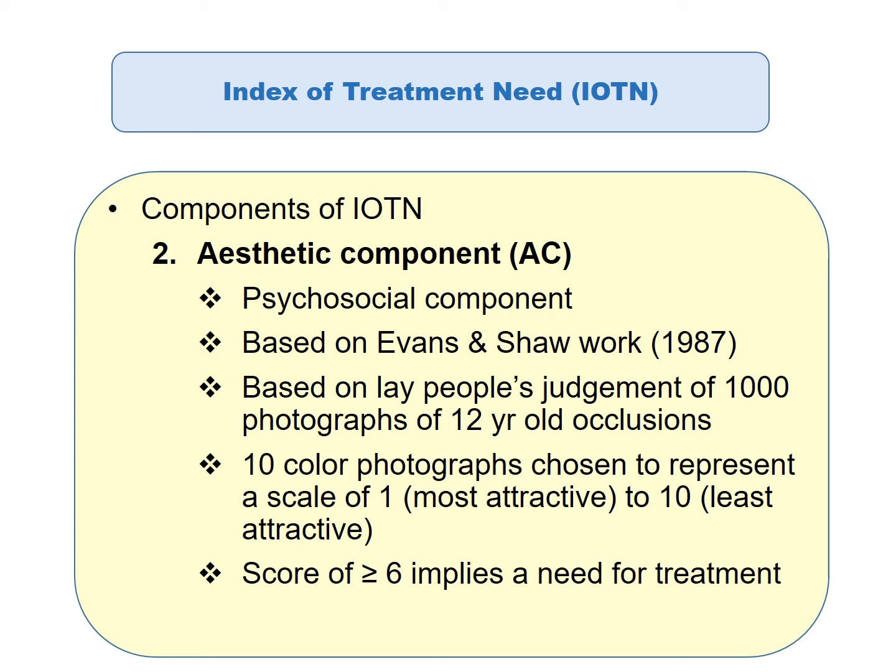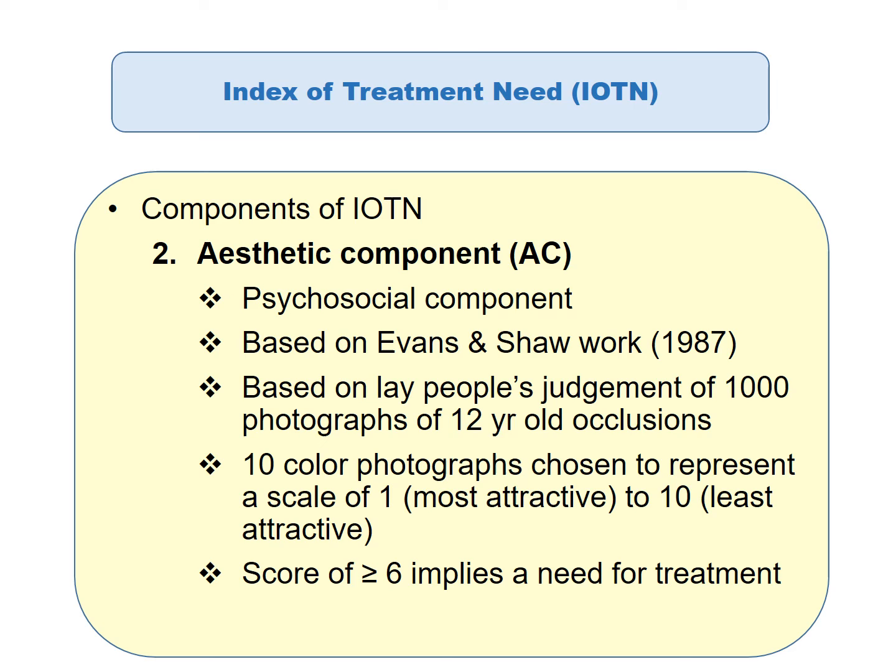Now the second component of the IOTN is the aesthetic component or AC component. Now this is the psychosocial component of the index. It's based on Evans and Shaw's work in 1987.